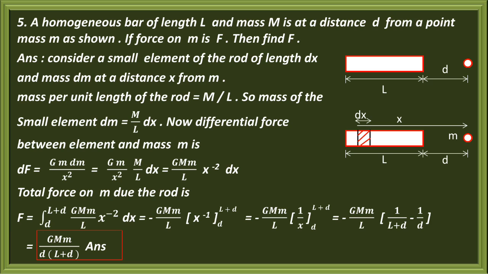If the force on small m is F, then find the value of F. Here you can see in the first figure this is the point mass, the length of the rod is L, and the point mass is at a distance d from one end of the rod.